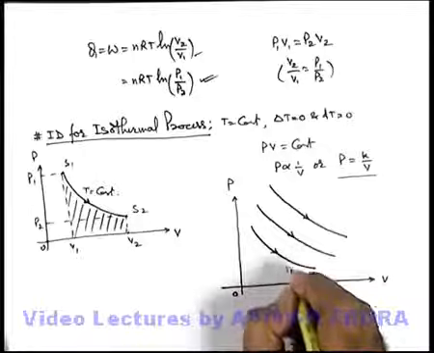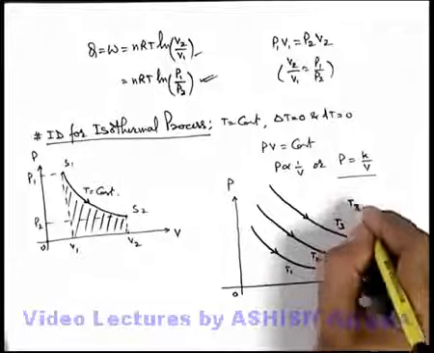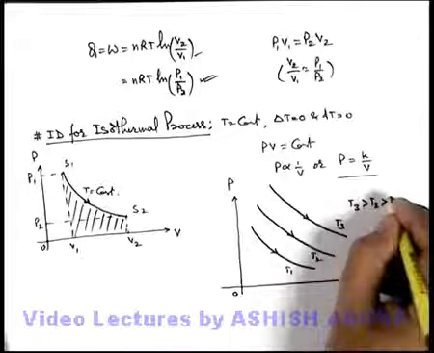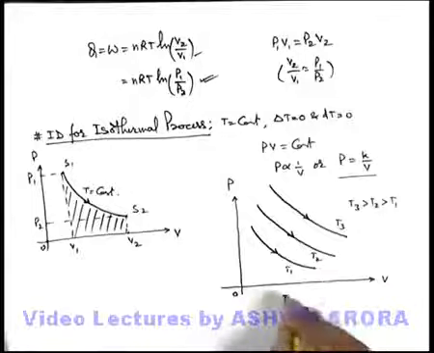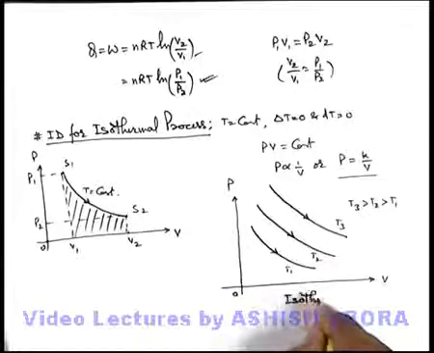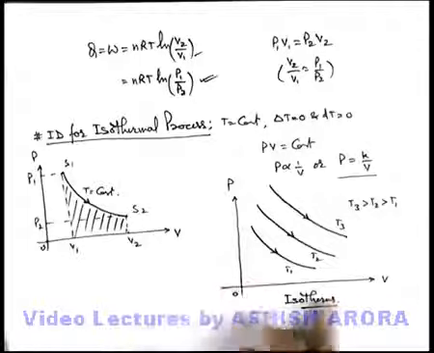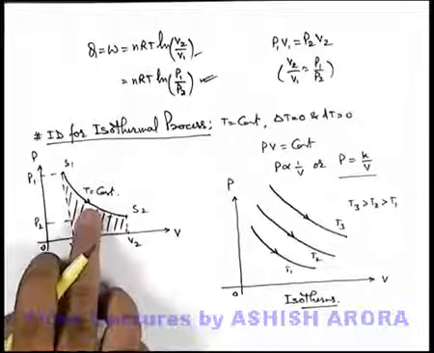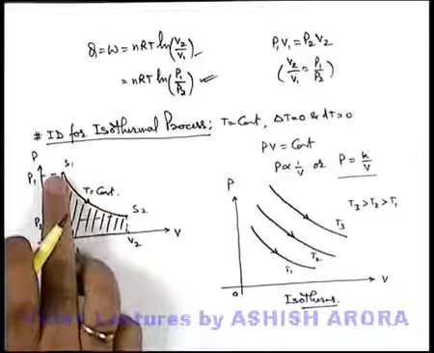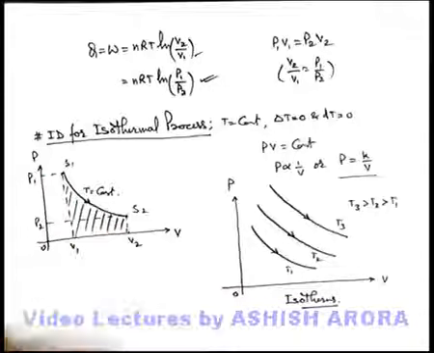So there's a temperature T1, there's a temperature T2, there's a temperature T3, then T3 is more than T2 is more than T1. And this family of curves are called isotherms. The family of several isothermal curves plotted on a single PV diagram are termed as isotherms, and a single isotherm is used to plot one isothermal process on indicator diagram.